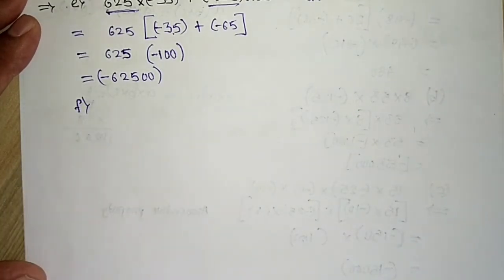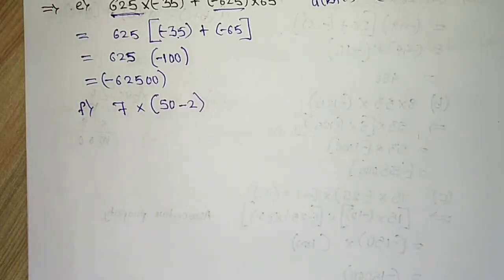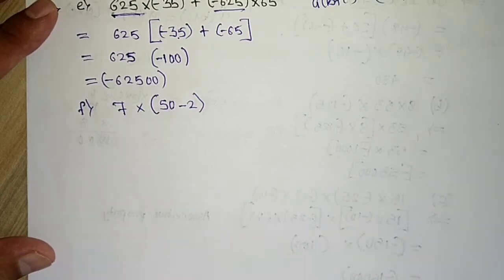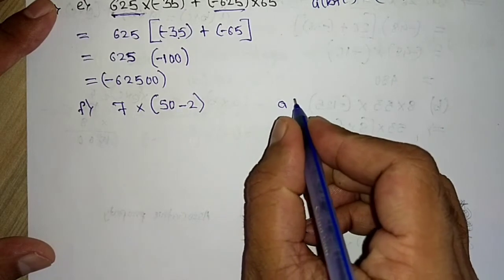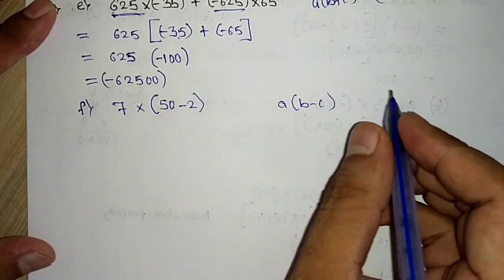Now let us move to part F. Let me write first. So the next question is 7 multiplied by bracket 50 minus 2. Students, you know the distributive property over addition. You also know the distributive property over subtraction. I have discussed it with you.